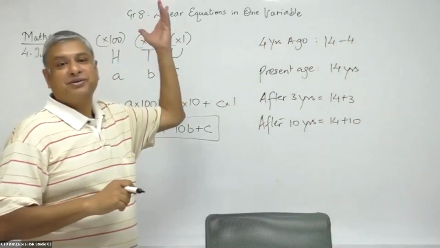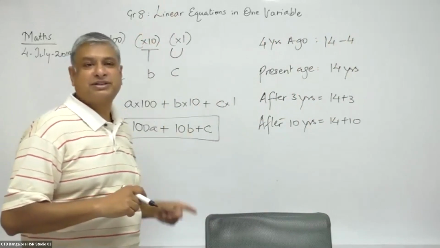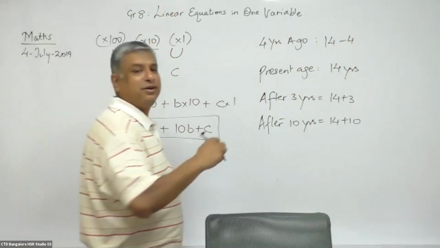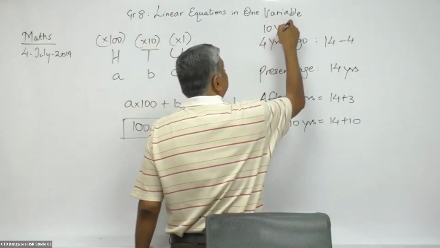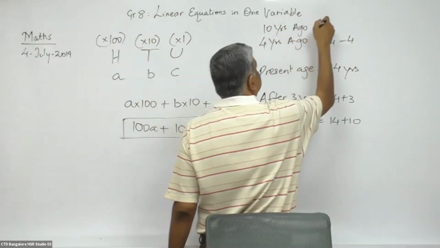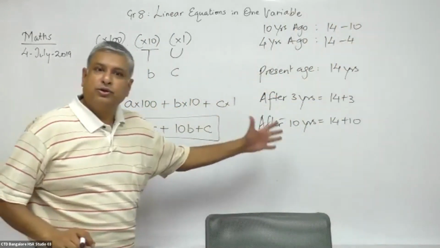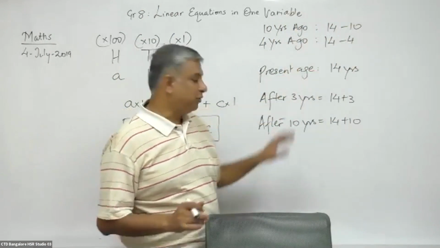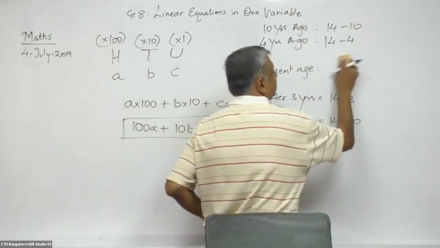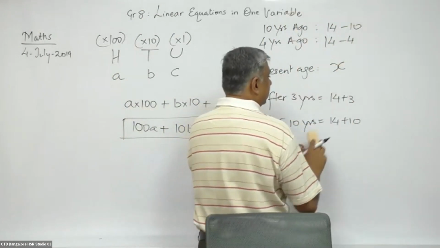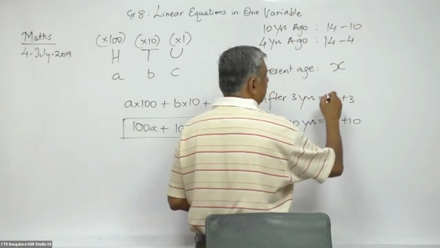10 years ago, or 7 years ago. Let's say 10 years ago. So 10 years ago, what will be your age? 14 minus 10. So this is how you assume. So if your present age is x, then your age after 3 years will be x plus 3.